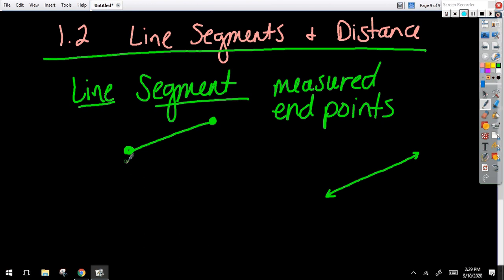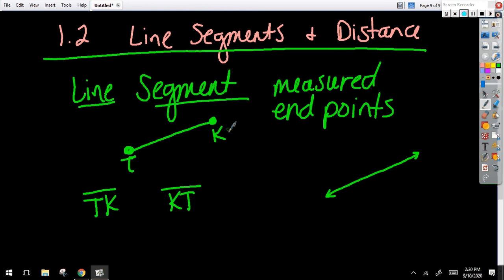Okay, so maybe this is point T on the line, and maybe this is K. And so this I could name as line segment TK. I put a line over it. Notice the arrows aren't up here because now it's a segment. It's not a line, okay? TK is the same thing as KT, and I can name my segment that way, okay?